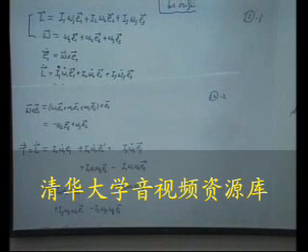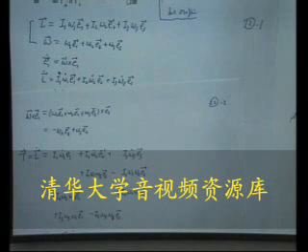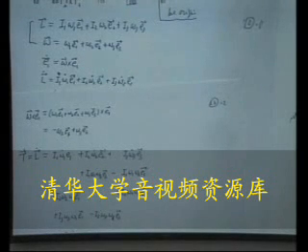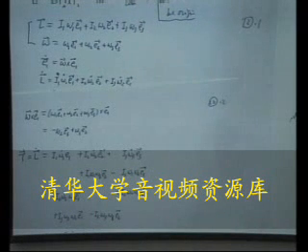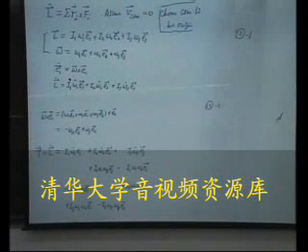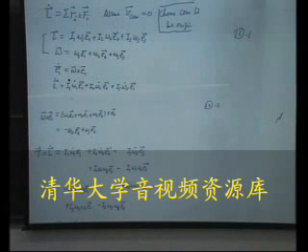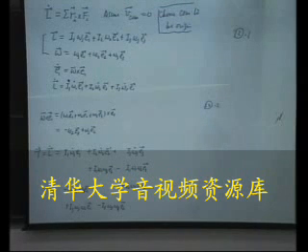T2 is equal to I2 omega 2 dot plus I1 minus I3 omega 3 omega 1. T3 is equal to I3 omega 3 dot plus I2 minus I1 omega 1 omega 2.